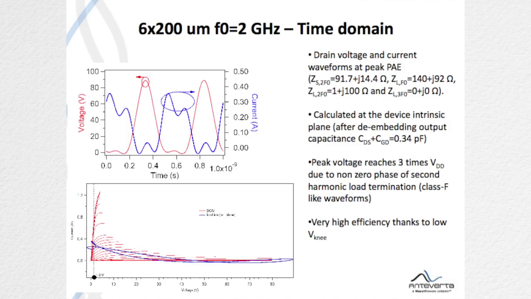VDD is 30 volt; the peak voltage reaches 90 volt. That's due to the non-zero phase of the second harmonic load impedance. And you see that these waveforms get close to something like class F. The very high efficiency is thanks to the low knee voltage, which is in the order of 1 or 2 volt.